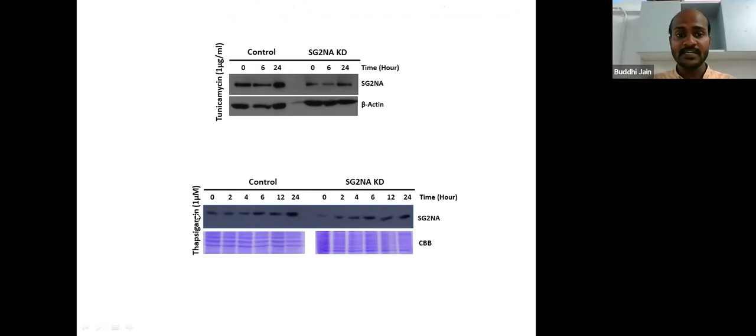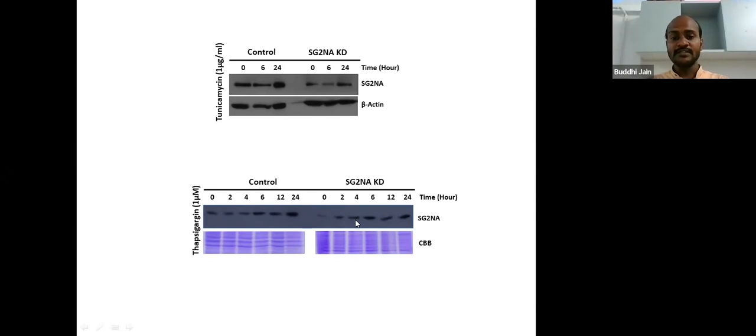Similarly, when we treat with thapsigargin at different time points, the expression of Ag2Na goes up in the control cells and even in the knockdown cells.